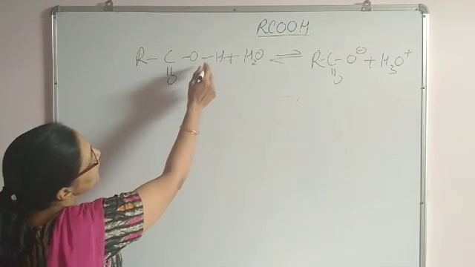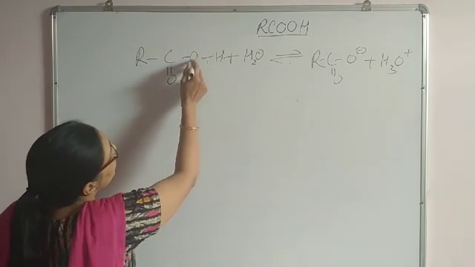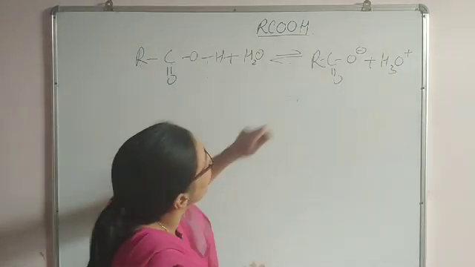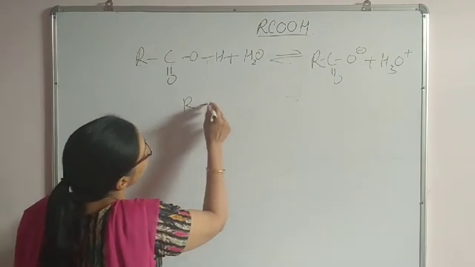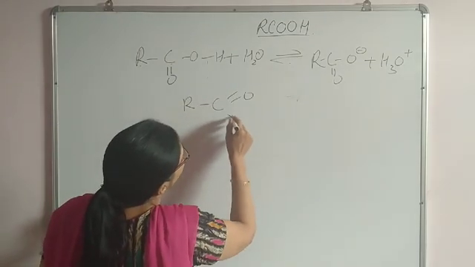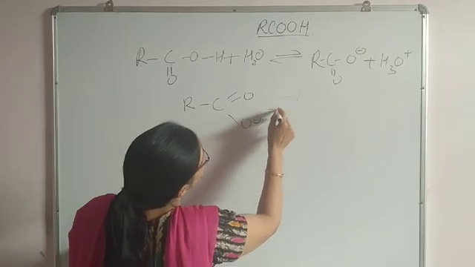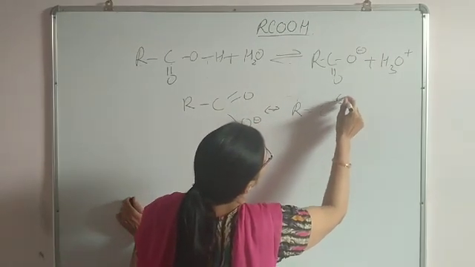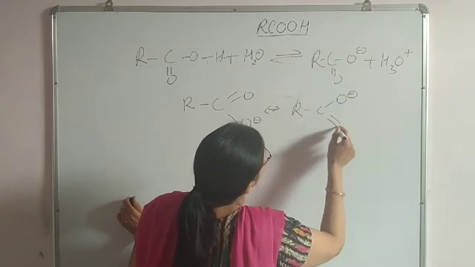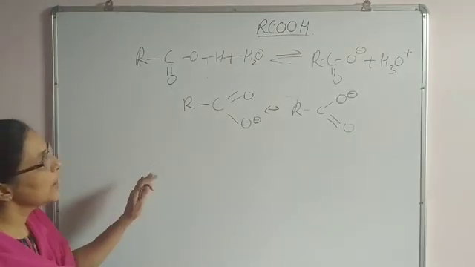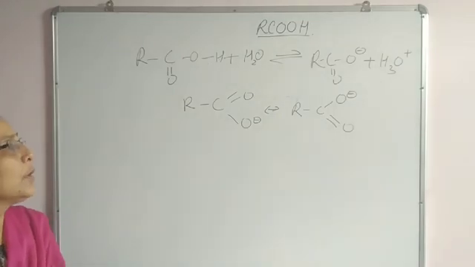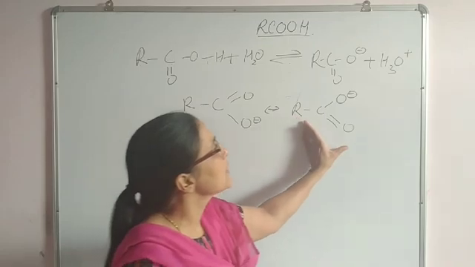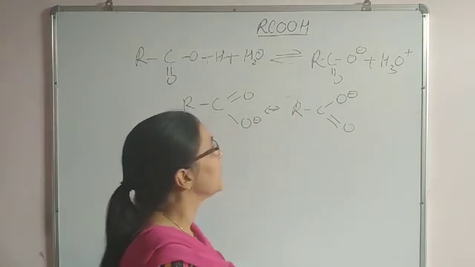As you have seen, with RCOOH compounds there will be formation of the carboxylate ion, and the carboxylate ion is stable by resonance in such a manner. Okay, so there is equal contribution in the resonance hybrid, and these resonating structures are highly stable.